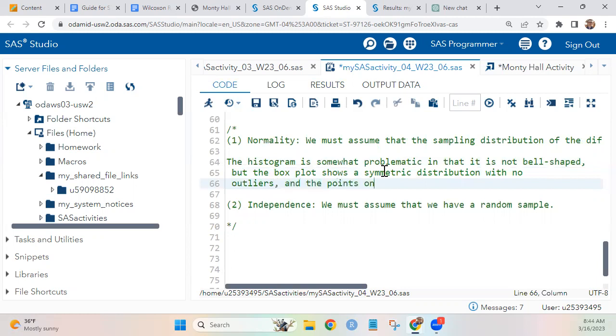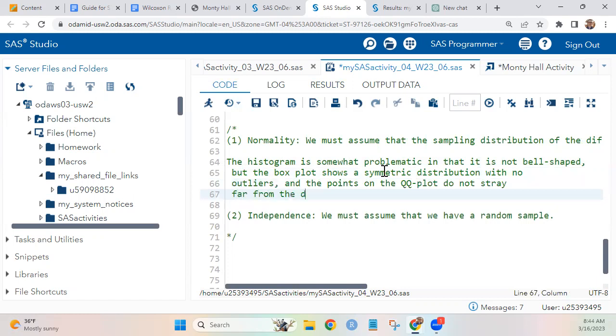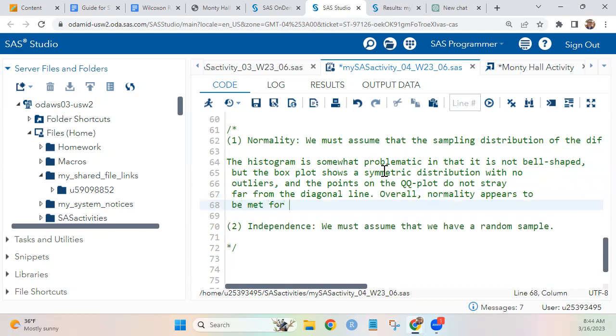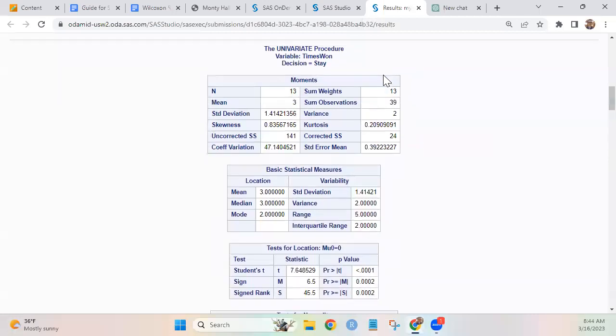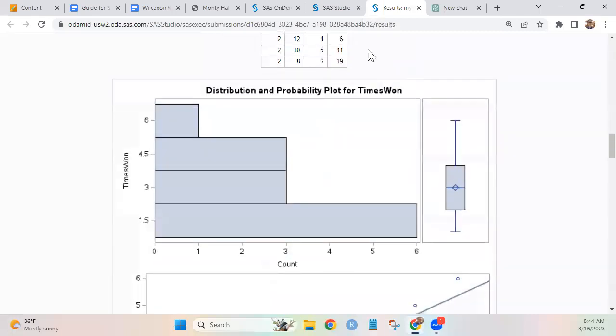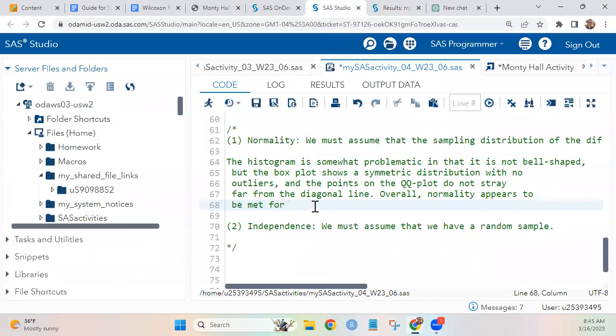And the points on the QQ plot do not stray far from the diagonal line. Overall, normality appears to be met for, let's see, which group was that? Switch? Oh, that was stay. For the stay group.